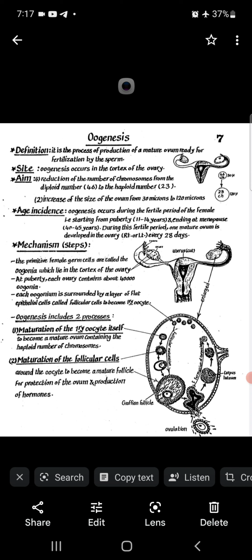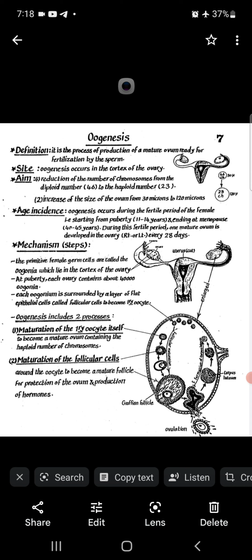This is the definition. Now come to the oogenesis site. Oogenesis occurs in the cortex of the ovary. Third, what are the aims of oogenesis? There are two aims of oogenesis. Number one, reduction of the number of chromosomes from diploid to haploid, meaning from 46 to 23.